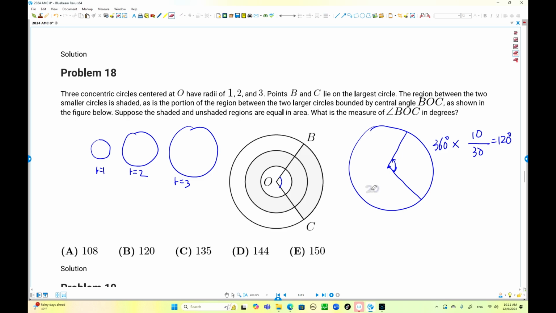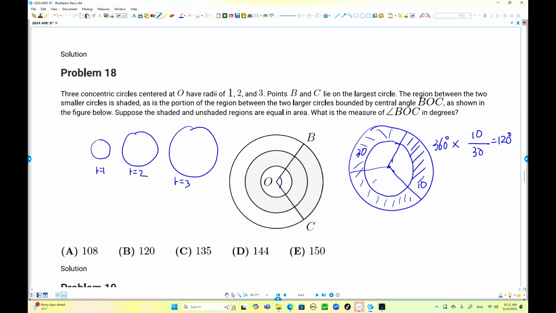Or another way too, this also works, when you have over here another concentric. This one is 10, the other one is 30. The shaded one, right? If this is increased twice, 20, isn't it? This is 10, it's going to be 20. Also, this concentric area, the area is still proportional to its central angle too.